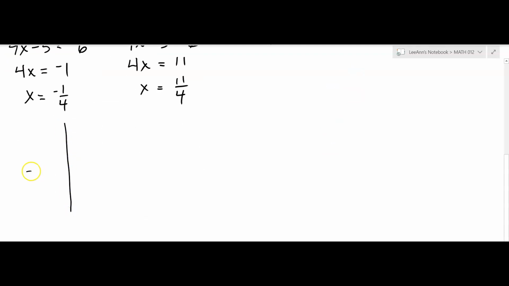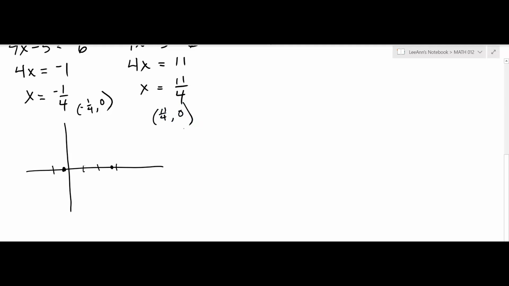It means somewhere at -1/4, it's crossing right there. -1/4, 0 is a point on this graph for this function. And it also means, let's see, 11/4, what's that? Almost 3. So 1, 2, 3, so like right there. That would be the point 11/4, 0.